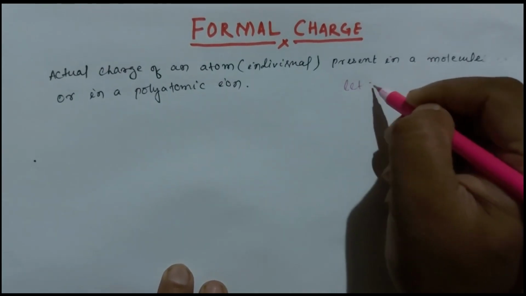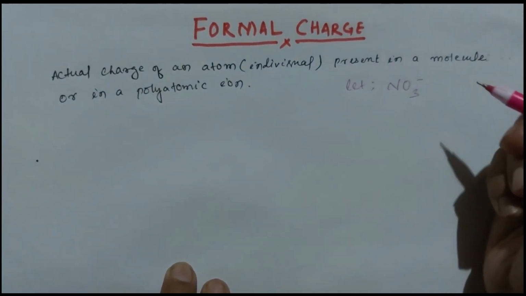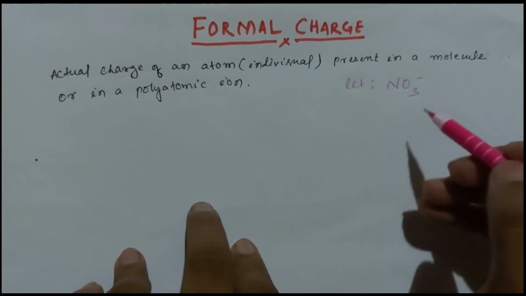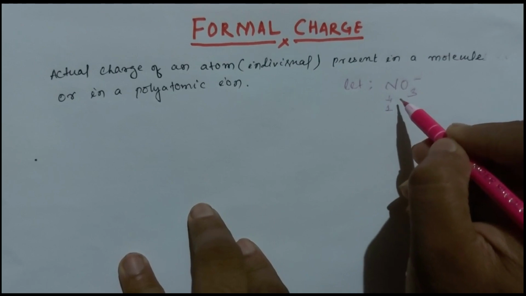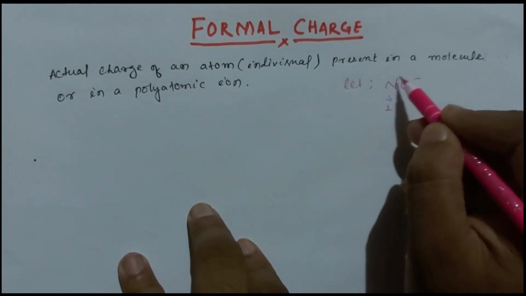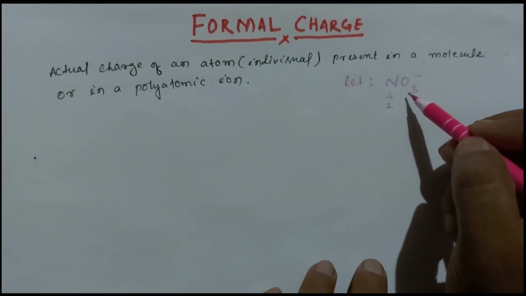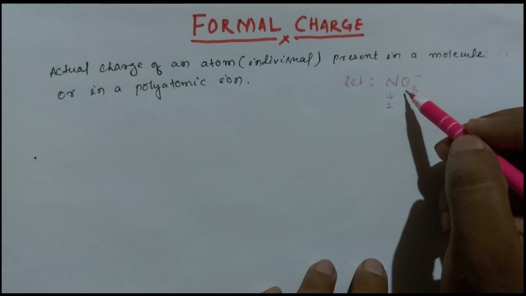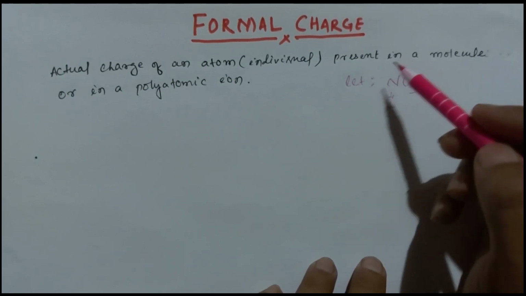Let us take an example, the molecule NO3 minus. Here there is 1 nitrogen and 3 oxygens, a total of 4 atoms. I have to calculate the charge of each oxygen and nitrogen, and that will give the formal charge.